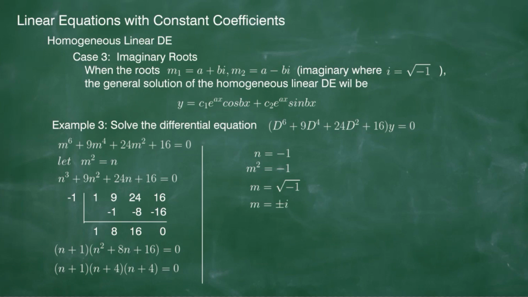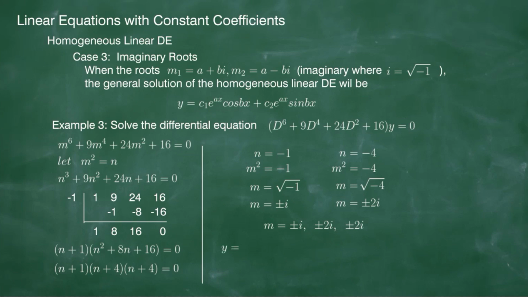Then the next factor, n plus 4 equals 0, or n equals negative 4. Again, n is m squared, so m squared is equal to negative 4. We find its square root and get m equals plus or minus 2i. So the roots are plus and minus i, plus and minus 2i, and another plus and minus 2i.